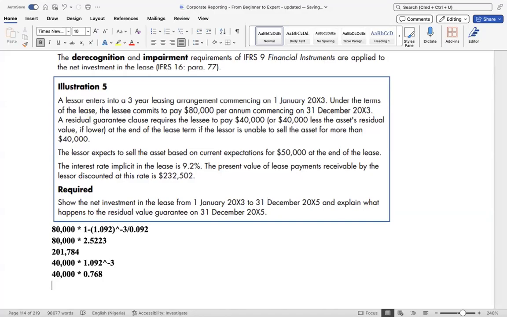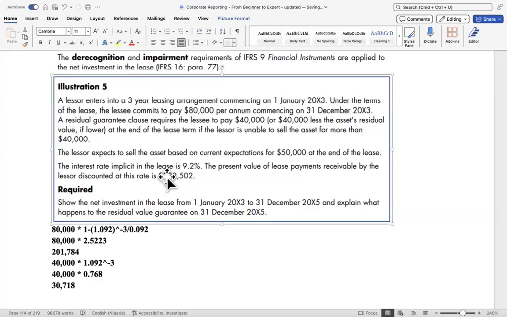Multiply that by 40,000: 30,718. Okay, add this 30,718 to this 201,784. What did you get? 232,502.